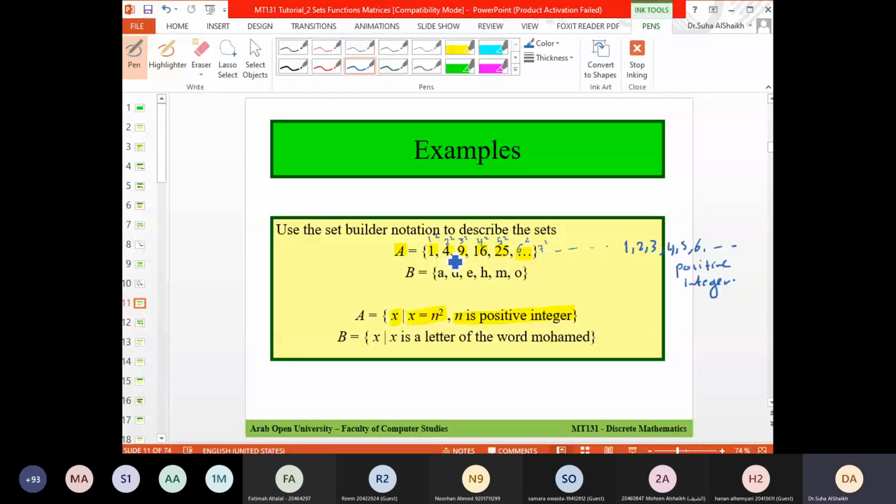A has the elements 1, 4, 9, 16 and 25. ألاحظ إن ال1 is a 1 square, ال4 is a 2 square, وال9 is a 3 square. So in general I can write it as n square بحيث n is a positive integer.